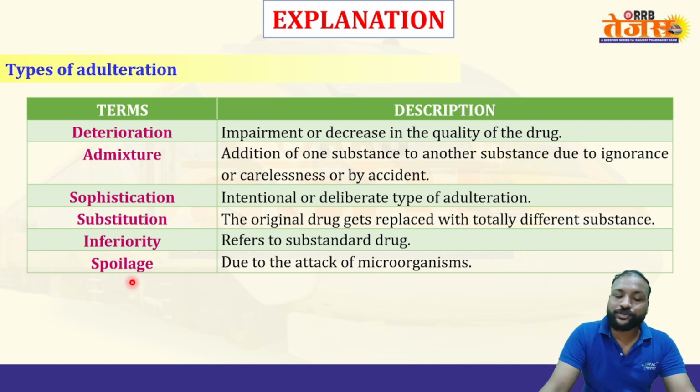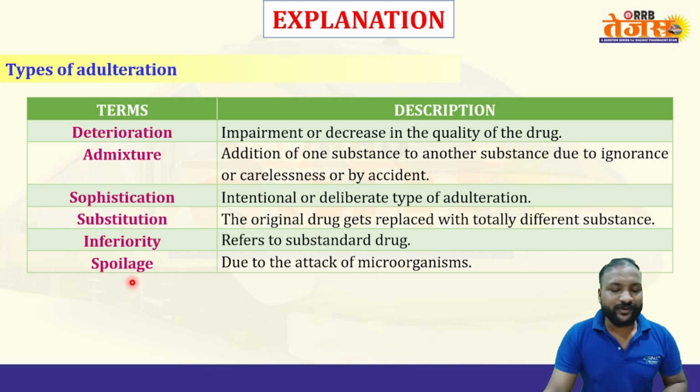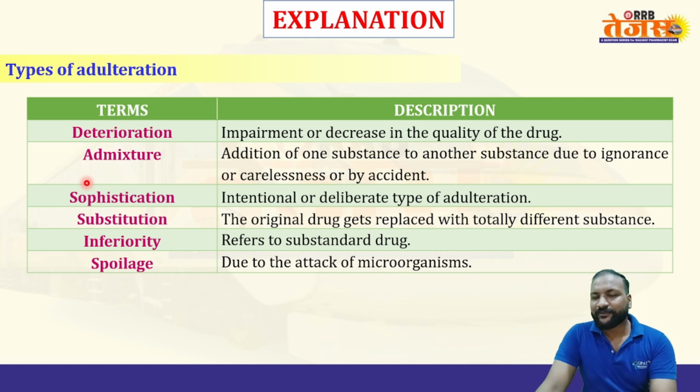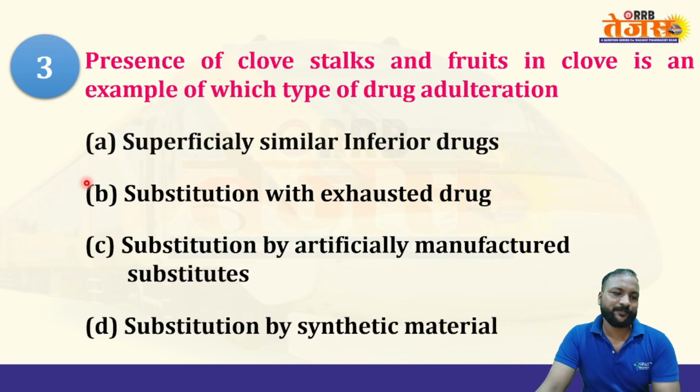Spoilage is due to the attack of microorganisms. But majorly, sophistication is known for the intentional or deliberate type of adulteration. Clear? Now we'll have the third question in this series.